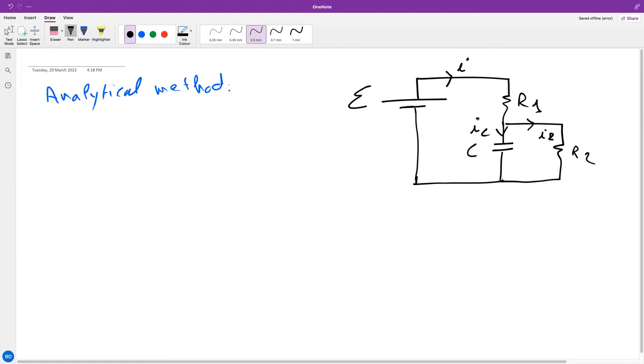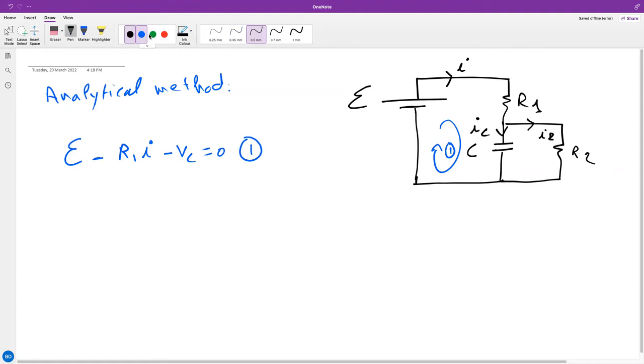Then I start looking at Kirchhoff's law rules. Let's start from loop number 1, which gives me E minus R1 I minus VC equal to 0. This I will call rule number 1.